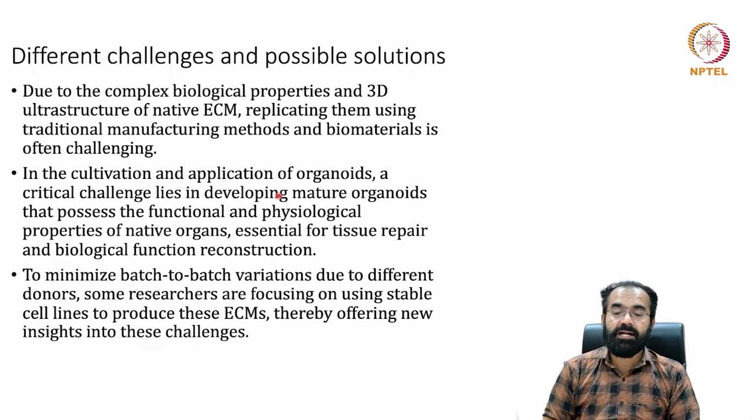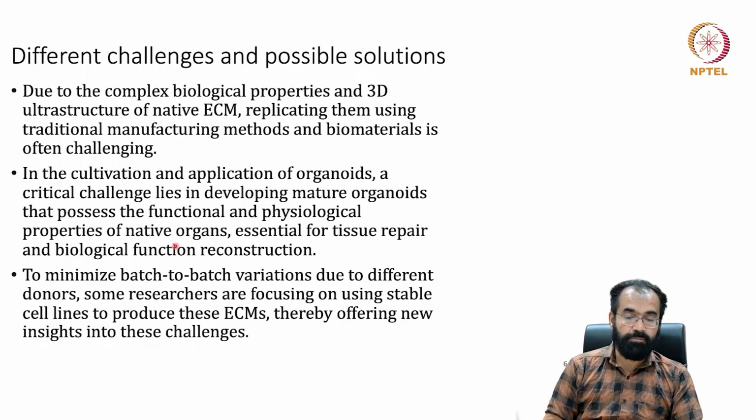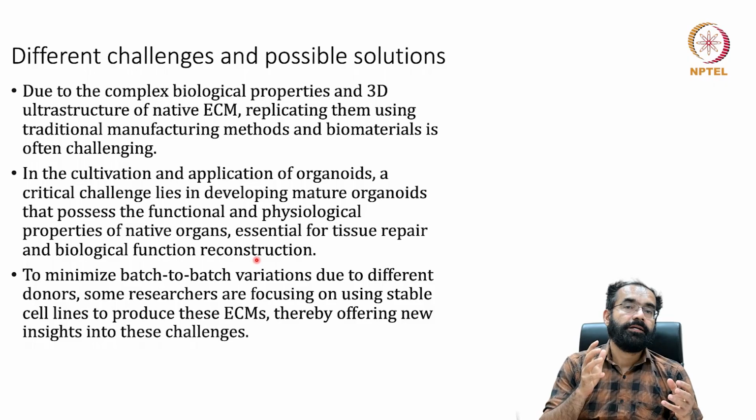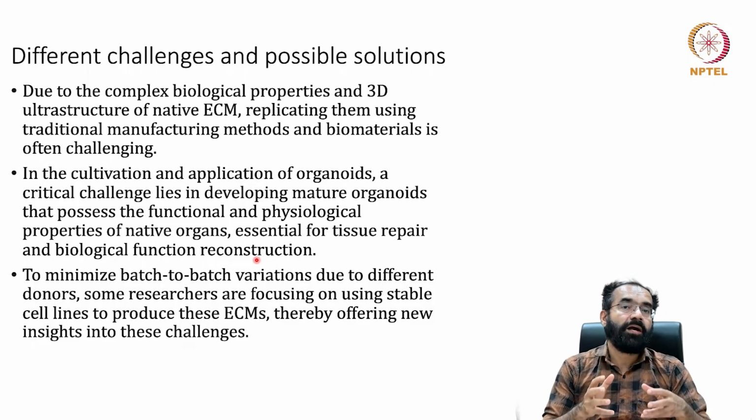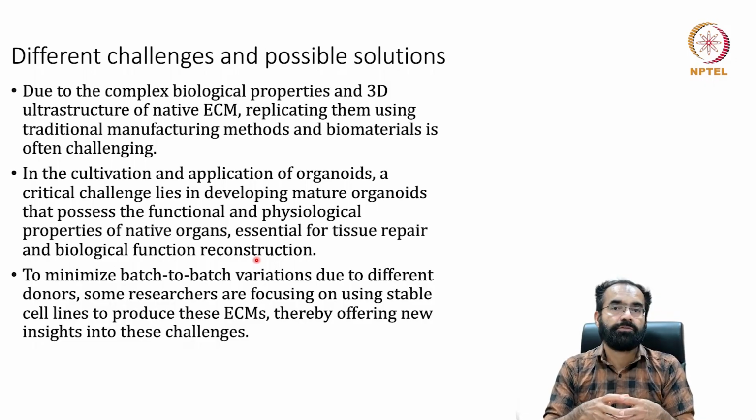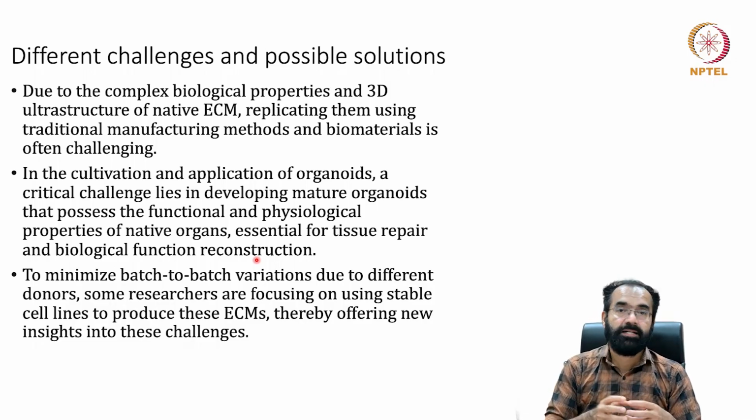In the cultivation and application of organoids, a critical challenge lies in developing mature organoids that possess the functional and physiological properties of the native organs, essential for tissue repair and biological function reconstruction. Say you want to have an extra room, like you want to give a patch to your existing house, but you forgot to put a roof, then that room is useless.